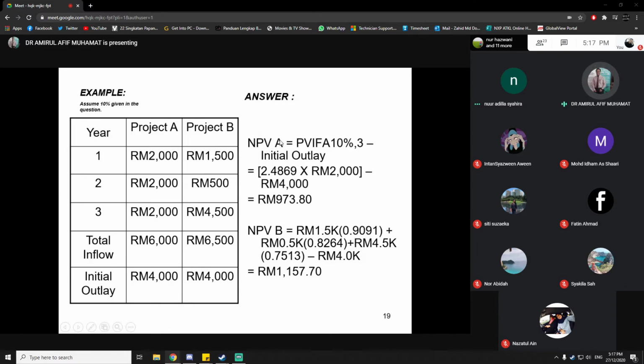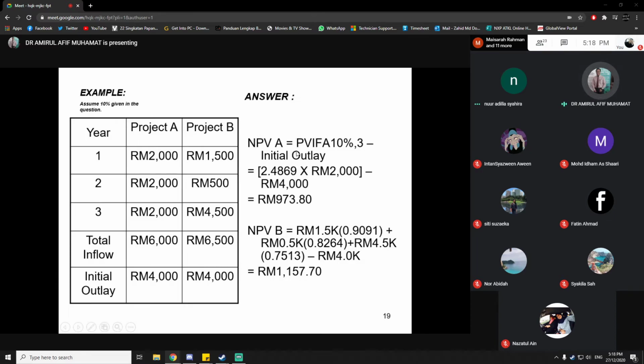Cuma here NPVA, okay, kita panggil lah NPV project 1. So NPV project 1 here, this is project 1. This is annuity. NPV for project 2, which is project B, this is uneven, mixed income. So for mixed income, calculation dia different. For NPV pun different, for annuity. Project A ni is annuity. So you can refer to different table.